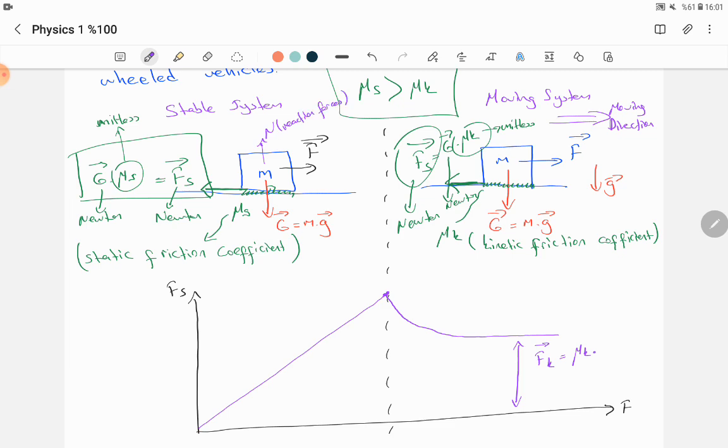Our object presses on the surface, and the surface reacts with these forces. We can find these reaction forces, shown by this one.